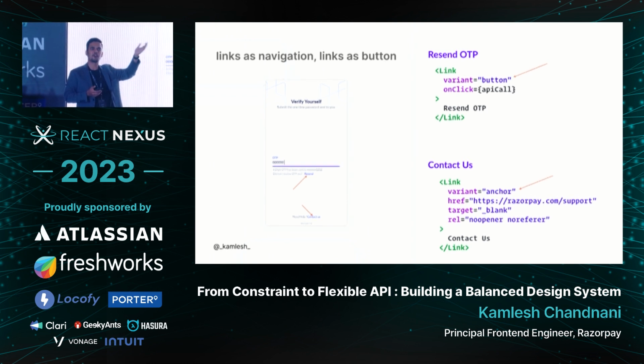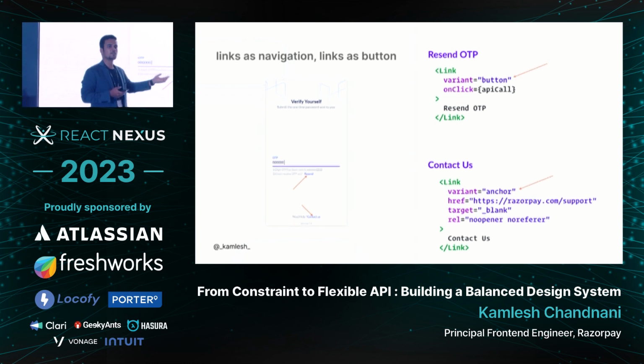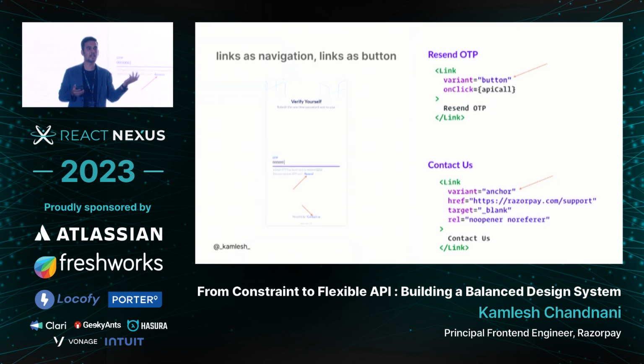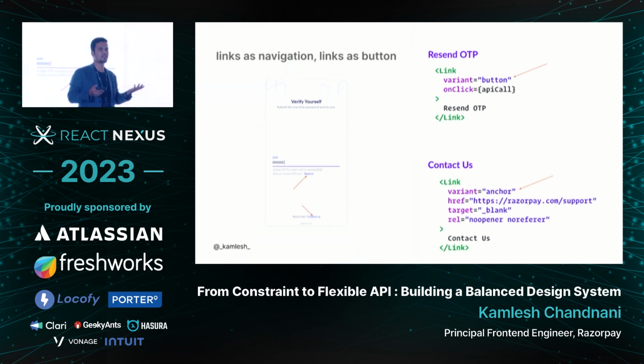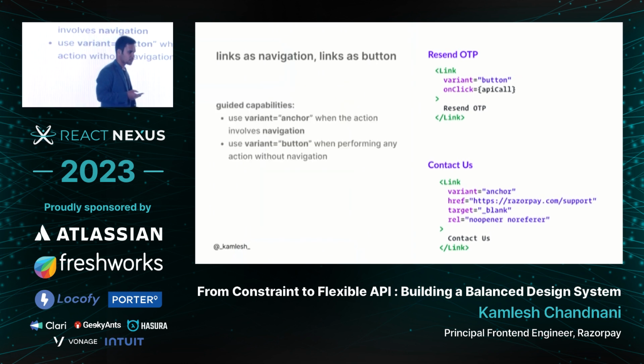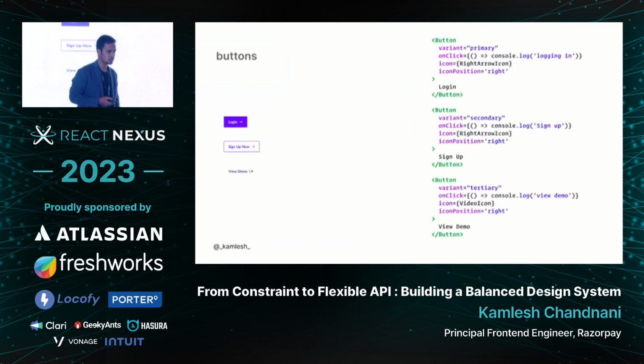That is basically your forgot password, your sign up, your contact us, and things like that. And there are use cases like resend OTP, which doesn't need the navigation. Apply coupon doesn't need the navigation, right? So links qualified that, and we were like, fine, we'll just add button and anchor as two different variants to link. So again, the guided capabilities: you could use anchor when you want the navigation in place, buttons when you just want to perform an action.